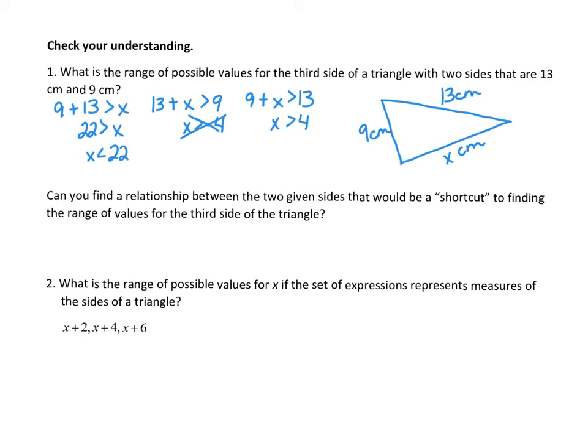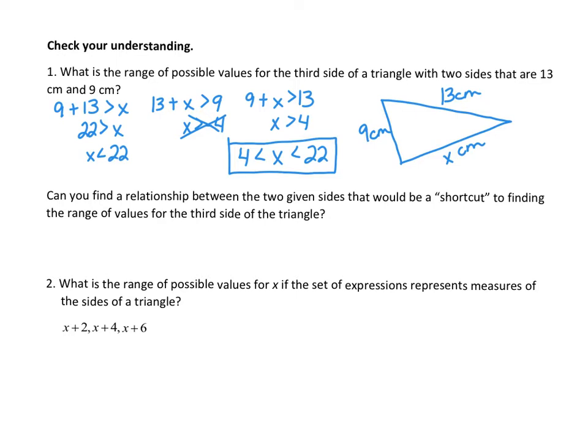So our range of possible values for that third side would be that 4 is less than x, which is less than 22. Or as I said, another way of saying that is that x is between 4 and 22. It cannot be equal to 4, cannot be equal to 22, but it can be between 4 and 22.